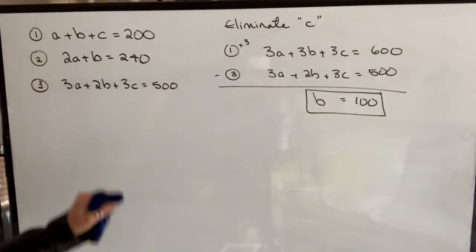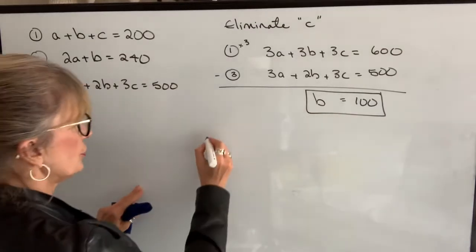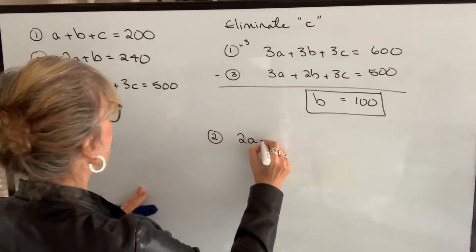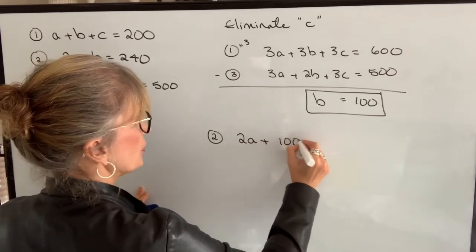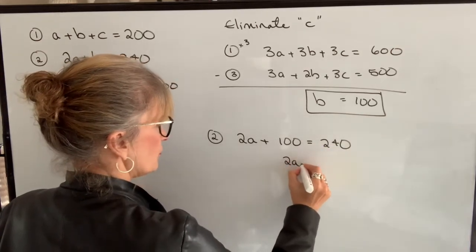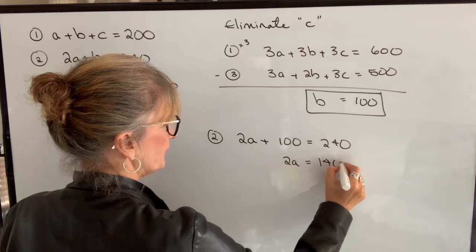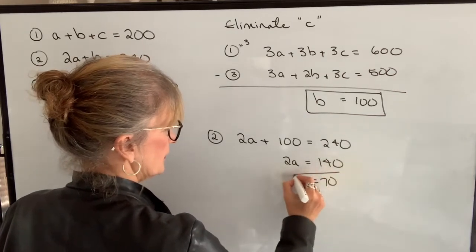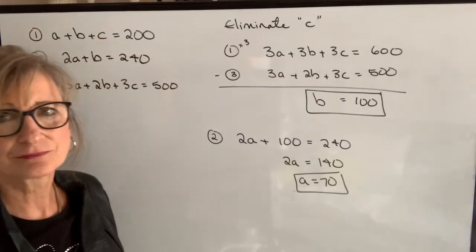So B is 100. I can plug that into equation 2 to find A. So 2A plus B, which is 100, has to equal 240. Subtract 100 from both sides. Now divide both sides by 2. So A is equal to 70.